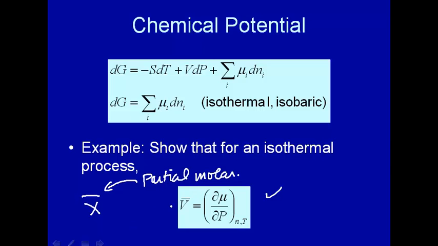What we want to show is that the partial molar volume is how chemical potential changes with pressure at constant N and T. That's interesting. If you measure the partial molar volume, see how volume changes with number of moles, then you have how chemical potential changes with pressure. Not something you'd think up immediately.